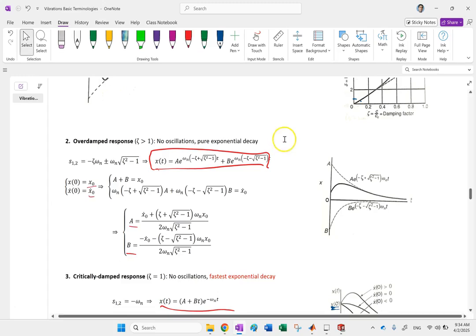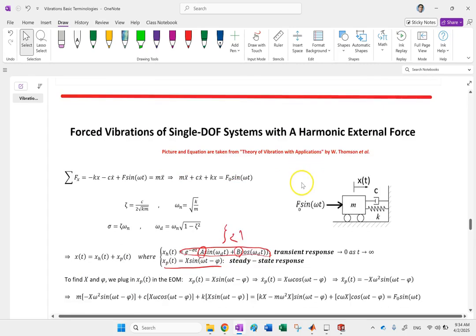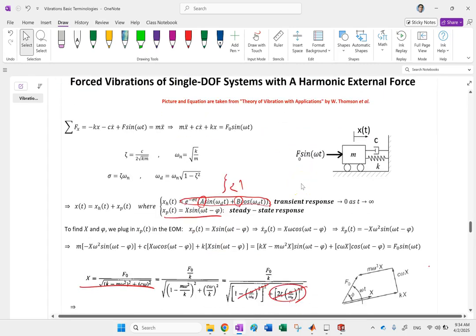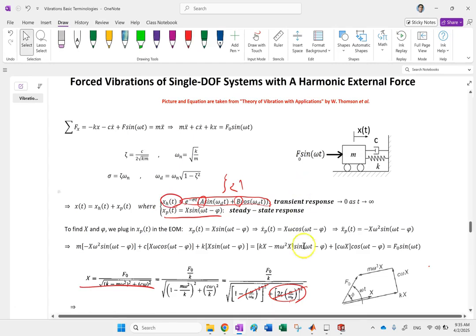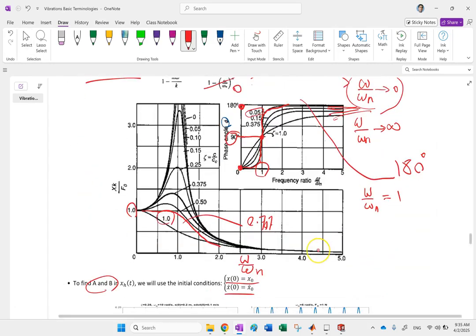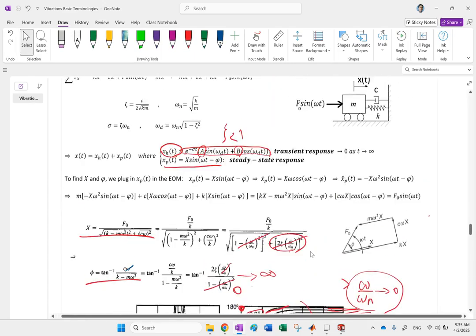But this time, your solution is not just the homogeneous solution. If you want to plug in t of 0, in which one of these solutions would you plug in t of 0 and find A and B? You might say, do I still plug in t of 0 in this homogeneous solution, set it equal to x0 and x dot 0, and then find A and B? No, that is a big mistake.